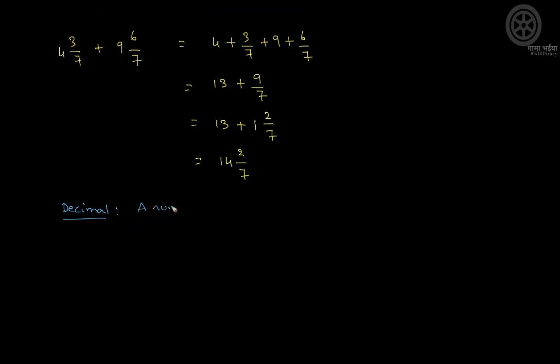A number which has a decimal point in it, right? Example: 2.5, 3.25, 4.173, etc., right?